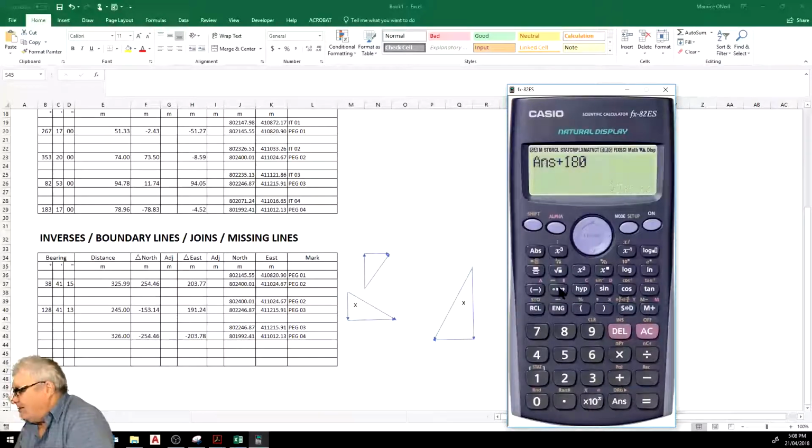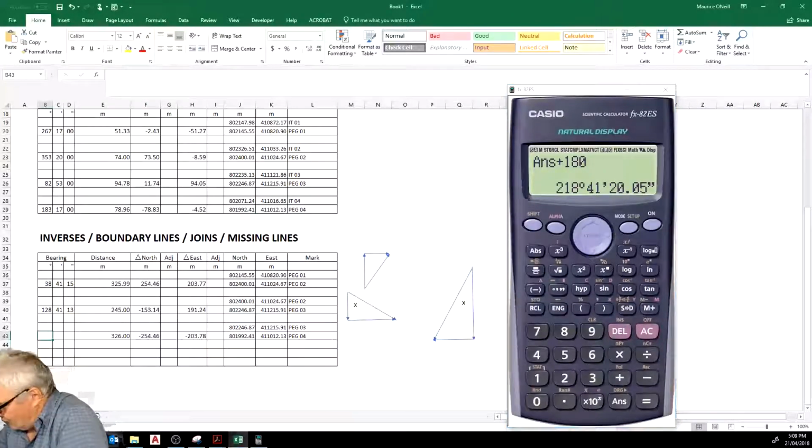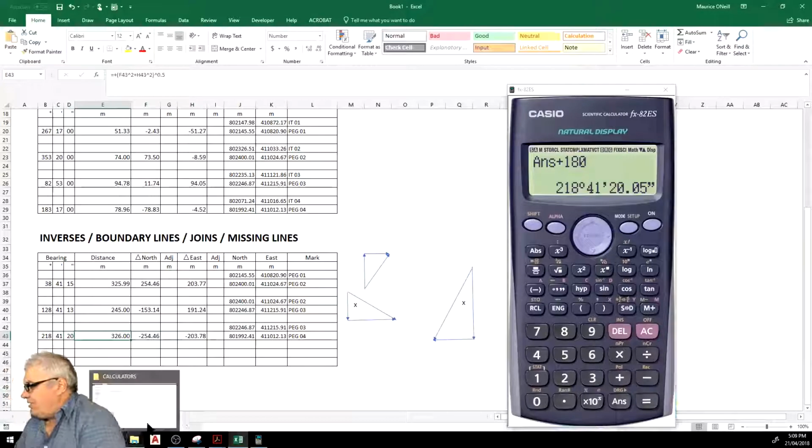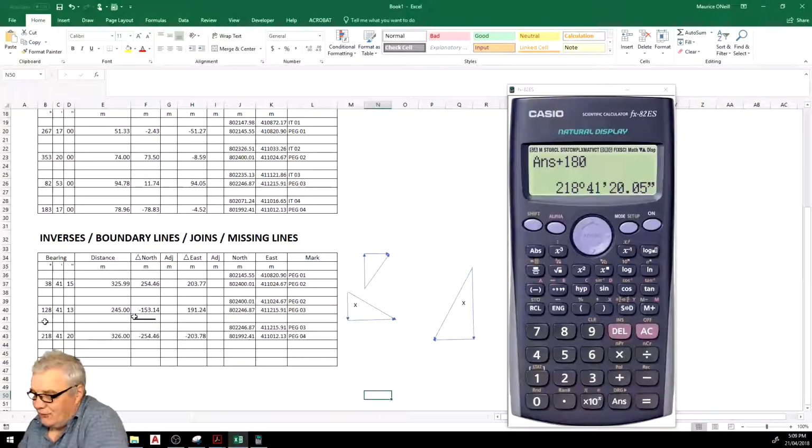Equals, and then we get 218.4120. So that there's 218 degrees, 41.20.